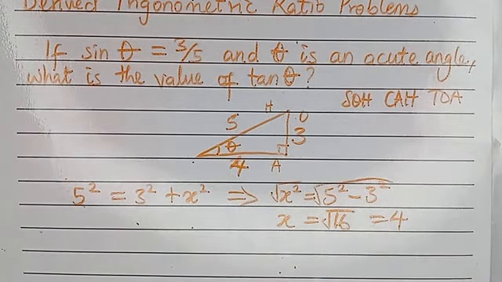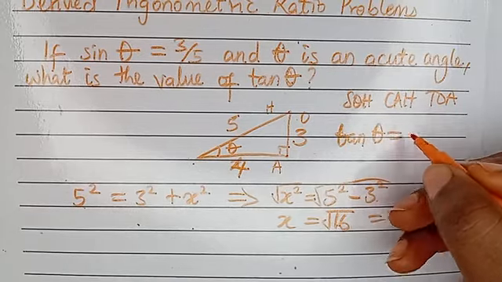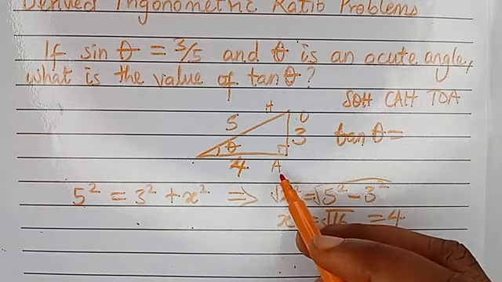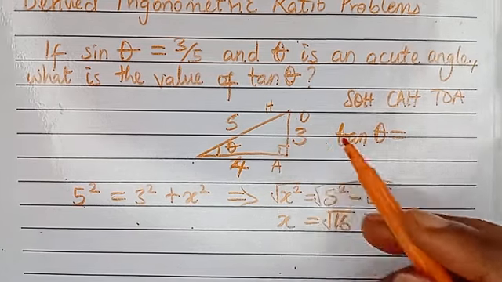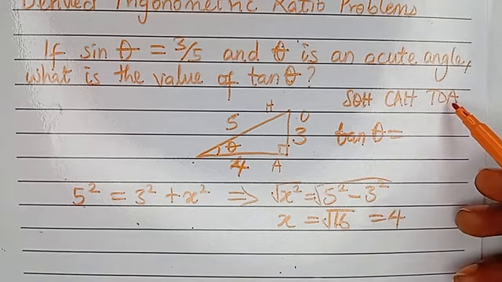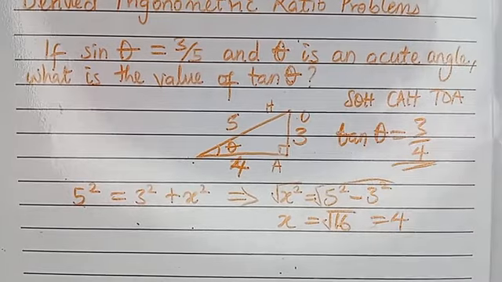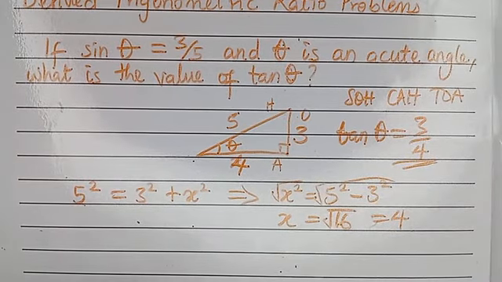Therefore, coming back to what we are solving, what is the value of tan theta? Tan of the angle theta is opposite over adjacent, which is TOA. So 3 over 4. And that is our required answer.